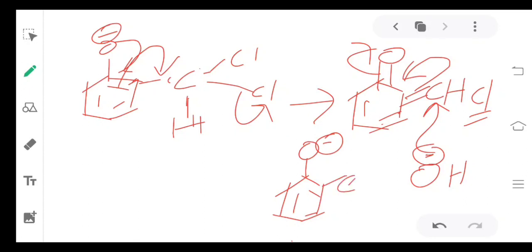We will be having CCl OH. Now students, again this O minus will participate in resonance.